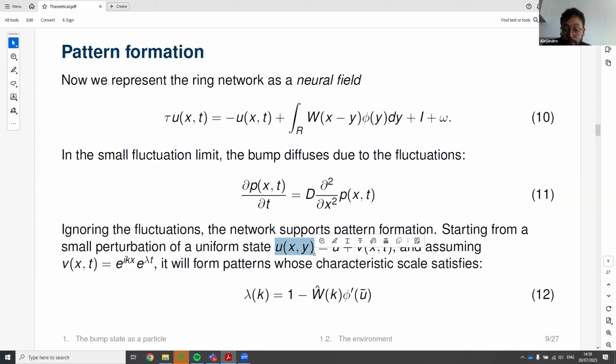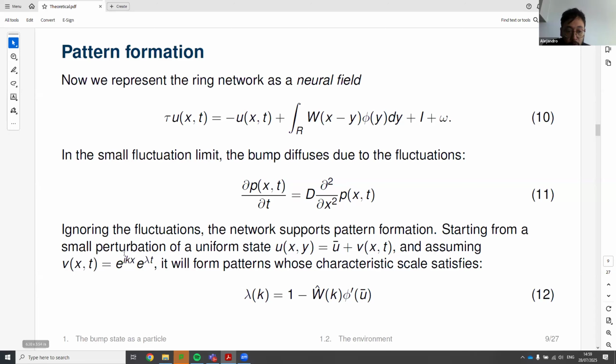So if you replace the solution with an ansatz that is composed of a spatially uniform state, which will be the state that essentially has nothing in it, and some sort of perturbation that is very small but is spatially dependent.